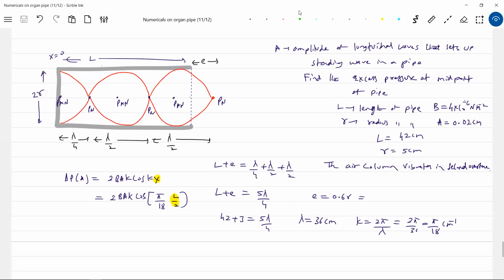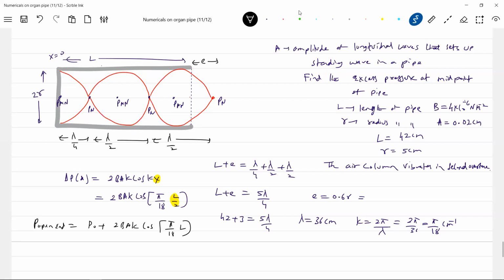These are the types of questions they can ask you, to calculate the pressure or excess pressure at any point. And what is the pressure at the open end? Not P naught, it should be P naught plus a certain value. How to calculate? Put x equal to L. That's all, no? So let me ask you the pressure at the open end: P naught plus 2BAK cos.